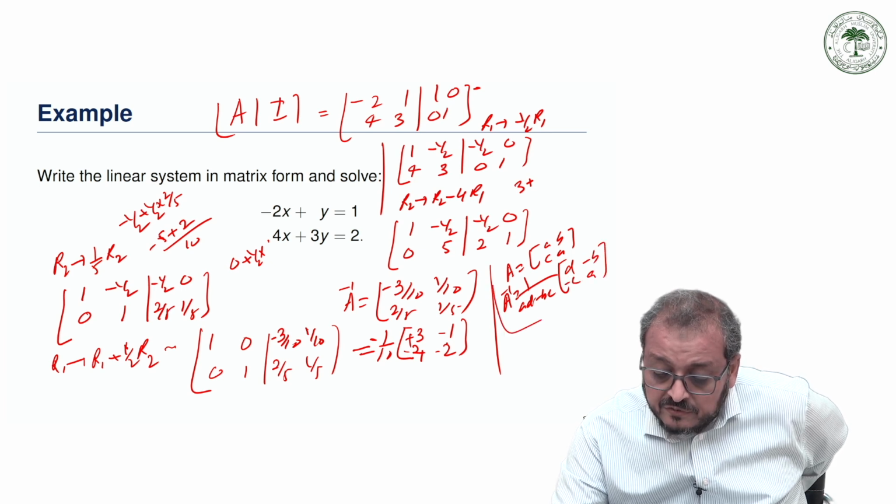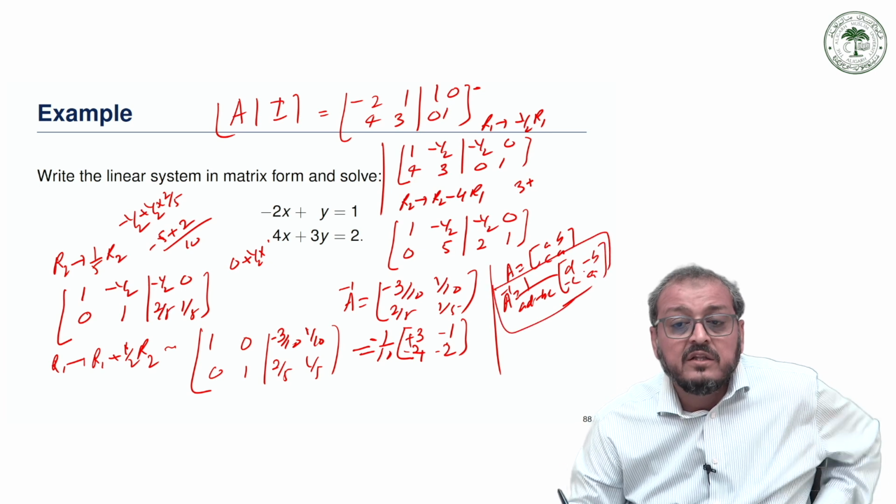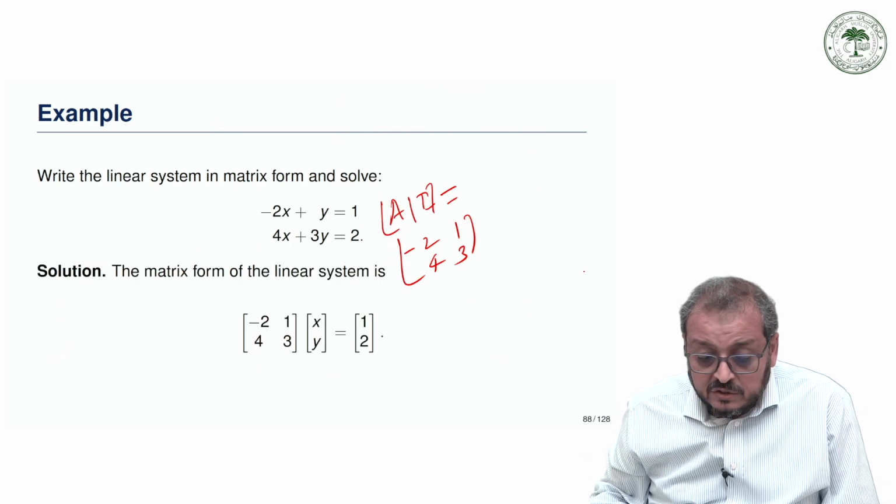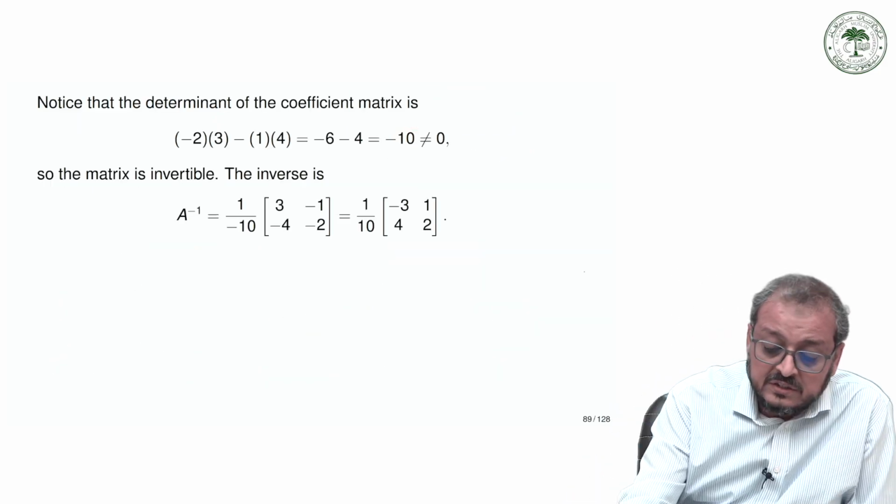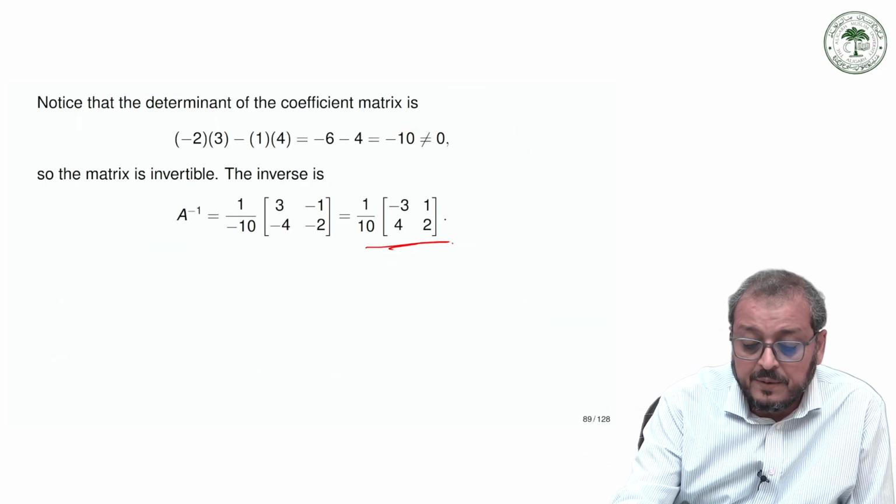This is the standard way of finding the inverse of a 2 by 2 matrix, and this way we get the same value.